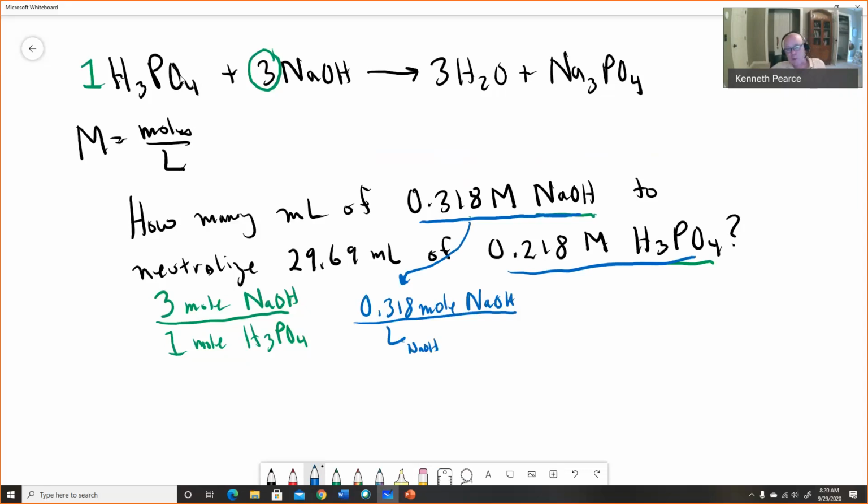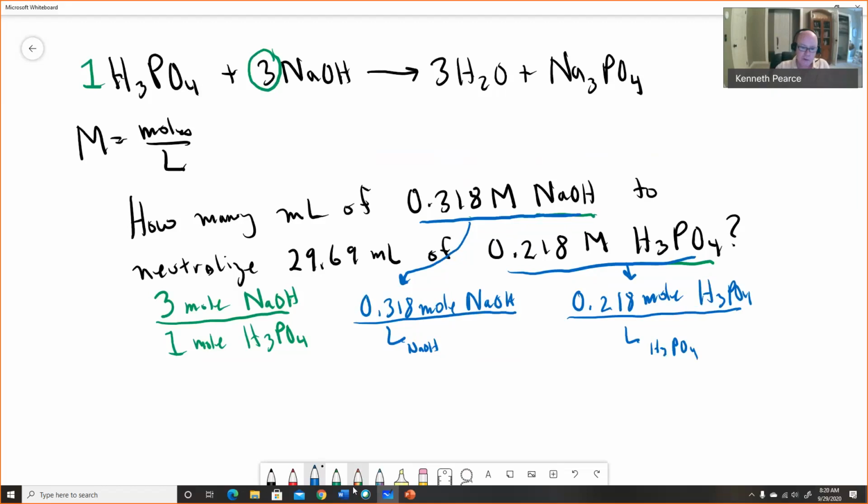This allows us to treat molarity as a conversion factor. And we have another molarity over here, and I'm going to go ahead and just copy that down as 0.218 mole phosphoric acid for every liter phosphoric acid.